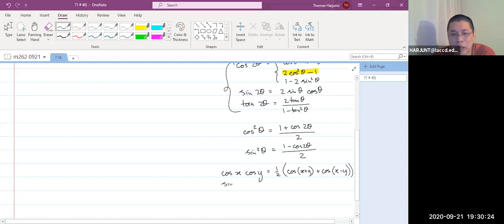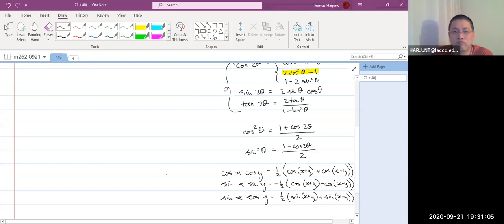And then sine x sine y equals negative 1/2 cosine sum minus cosine difference. Sine x cosine y is 1/2 sine sum plus sine difference. What else?